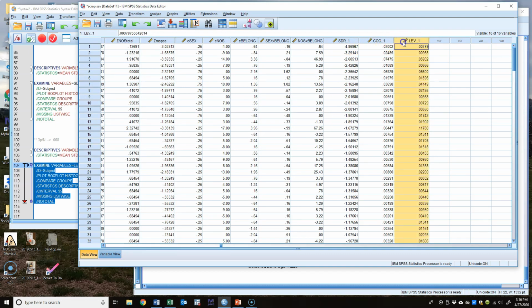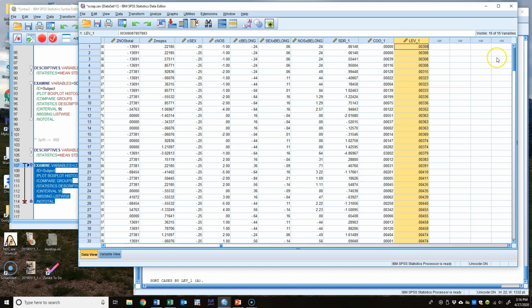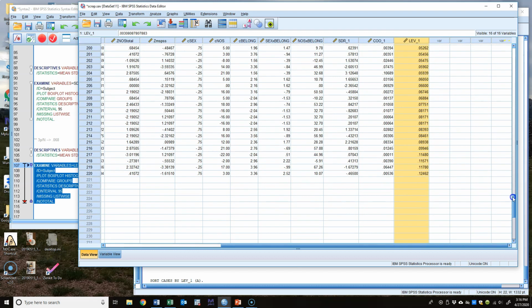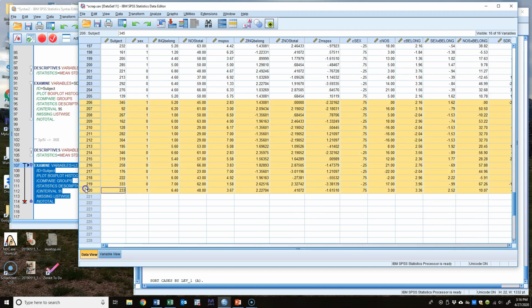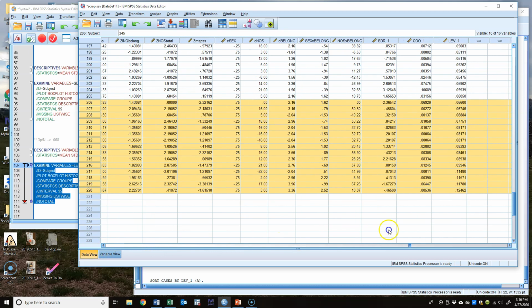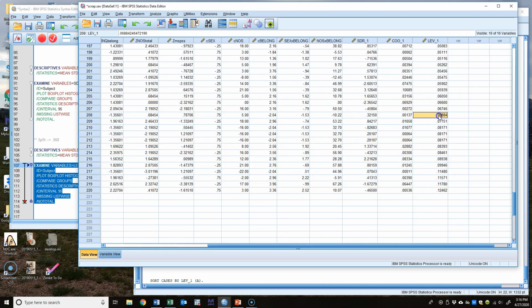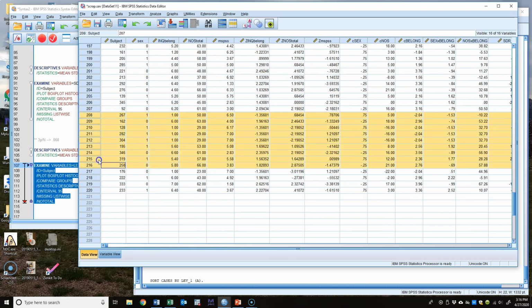If I go through and take a look at my leverages and sort those, again, if my cutoff is 0.086, or excuse me, 0.068, I've got 1, 2, 3, 4, 5, 6, 7, 8, 9, 10, 11, 12, 13.